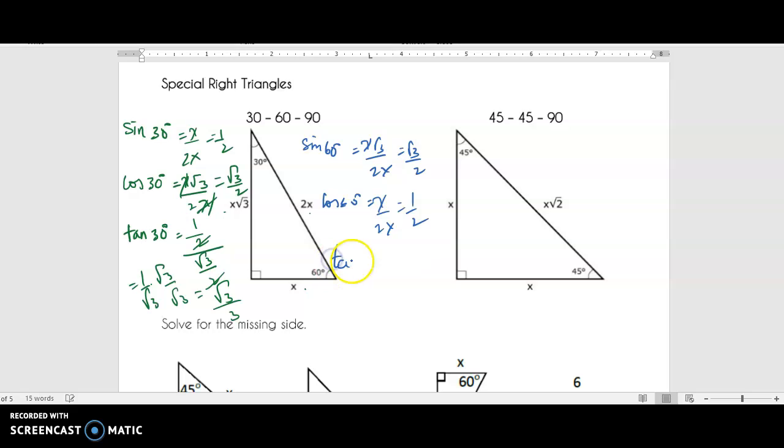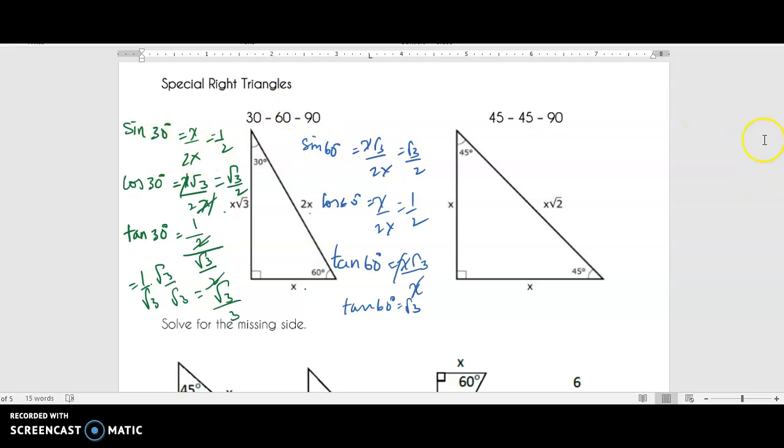And tan of 60 degrees is sine 60 over cosine of 60, which means opposite over adjacent. This is root 3. So that's the mistake I made earlier. So tan 60 is square root of 3. All right, so that's the 30, 60, 90 triangle.